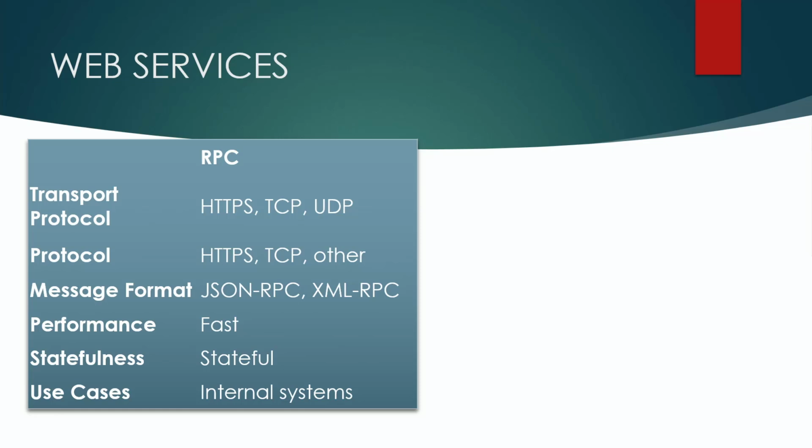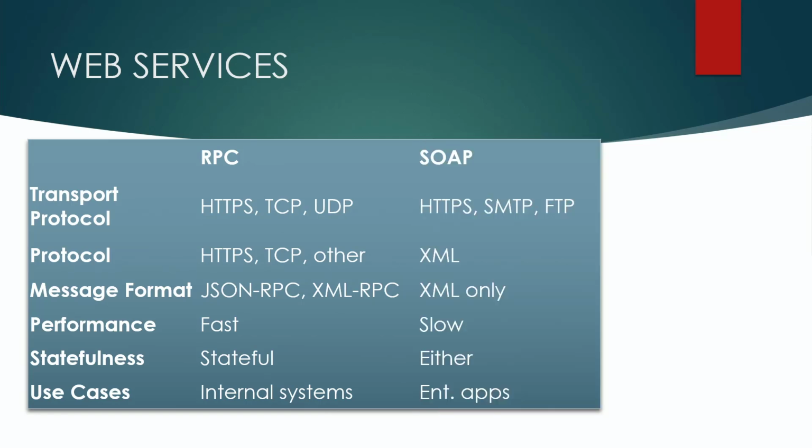Notice when it comes to messaging, there's JSON and XML versions that are supported. It's fast, it's stateful, and today we don't really see it used much in web architectures other than internal system functionality. Then over the years, we saw Simple Object Access Protocol.